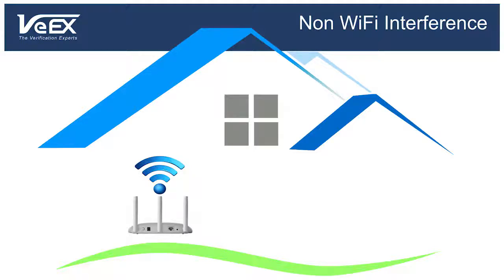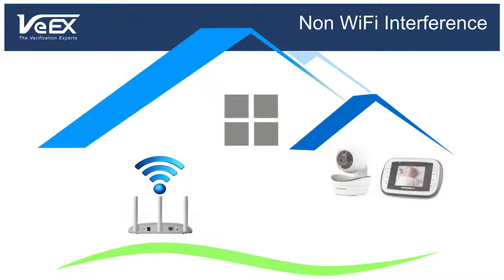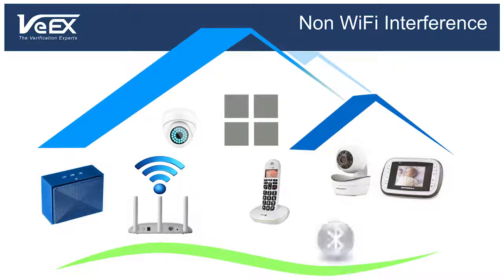Numerous other devices also communicate on this frequency band without adhering to the 802.11 standard. A few very common examples are baby monitors, cordless phones, wireless cameras, wireless audio devices, Bluetooth devices, security systems, and microwave ovens. All of these devices constitute sources of non-Wi-Fi interference.